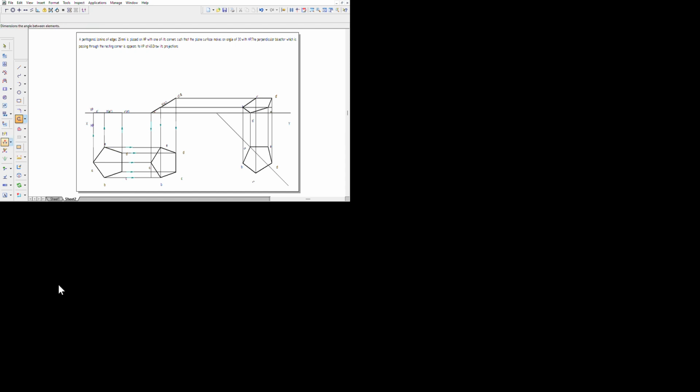Now let's take angle between option, measure this, take arrowhead, so here we have second question completed.